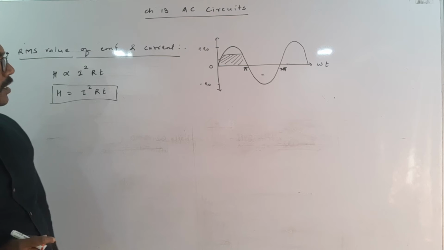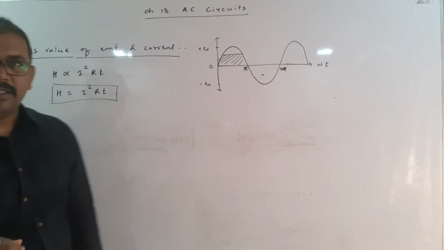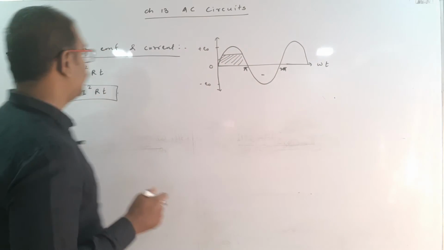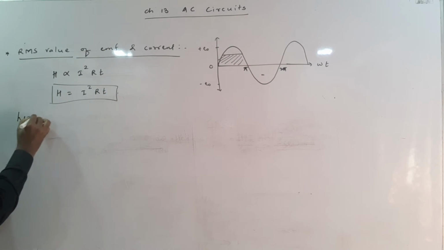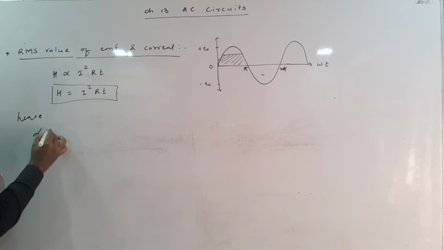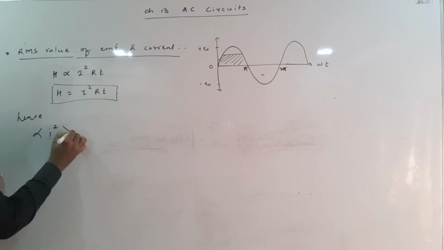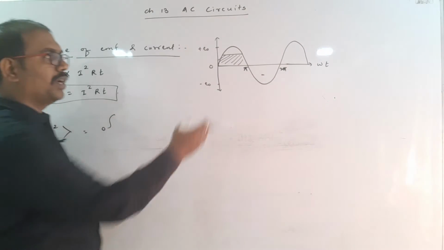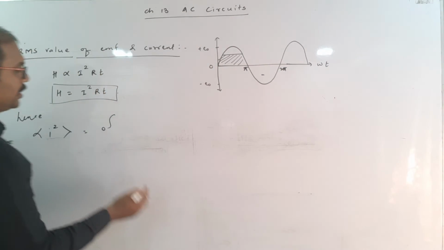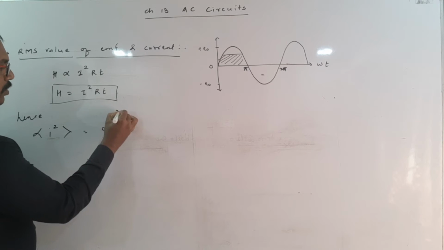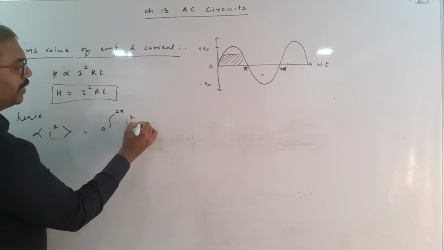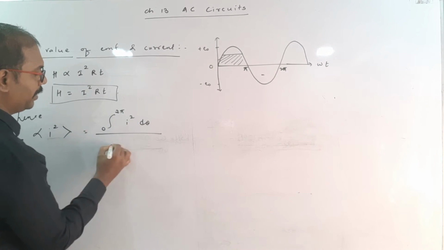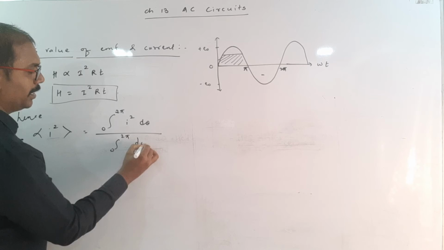So here, let me find the average current. Average current we find by using this formula. Hence, the average of this current is equal to the integration, over a complete cycle, 0 to 2 pi I square d theta divided by 0 to 2 pi d theta.